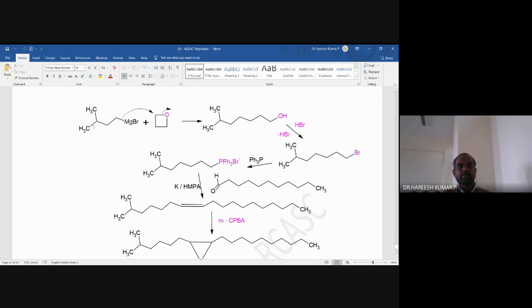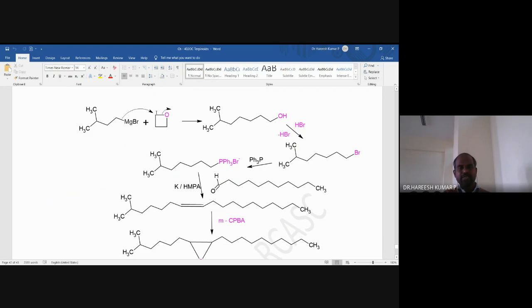Isobutyl magnesium bromide, when it is treated with oxetane, this is a four-membered ring with oxygen, oxetane. So what is happening here? There will be a new bond formation between this carbon as well as this carbon.